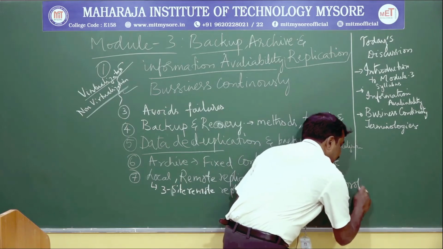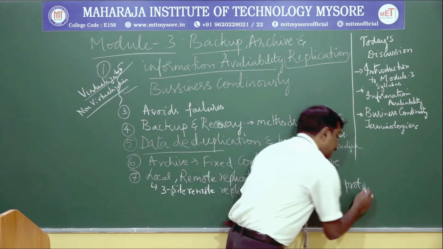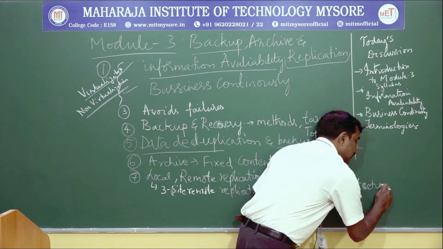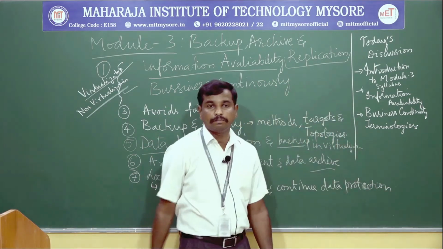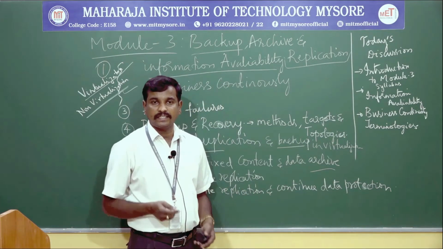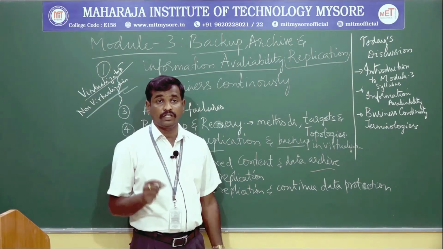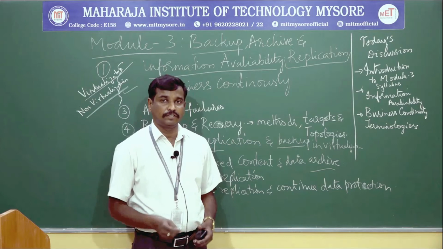When we are copying our data to the other locations, we need to give some privileges for storing the data, so that data is shared only in the prescribed fashion, like that.